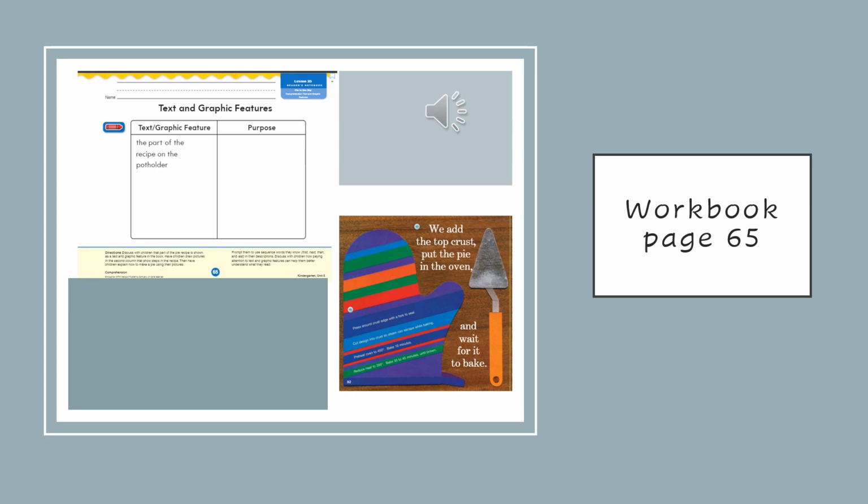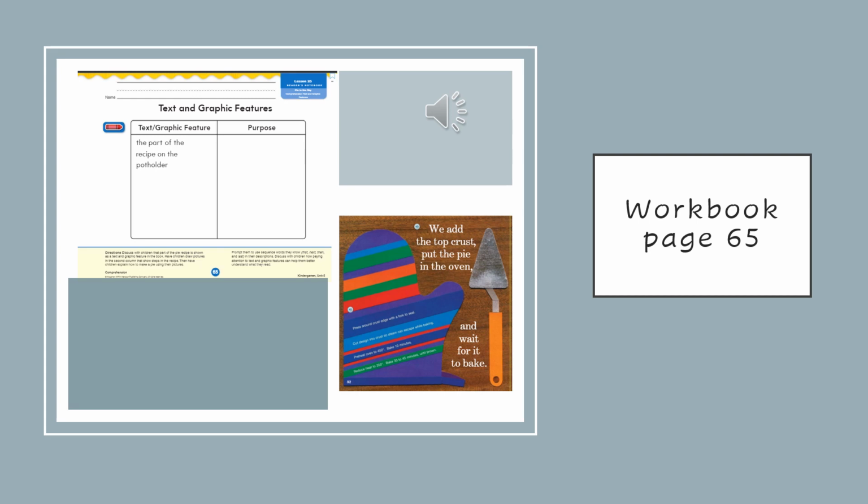So anyways, go ahead and look at the picture of the pot holder. And on there is a part of the recipe. Okay, now the recipe is what they followed in the story to make the pie. It wasn't read on this page. They didn't read that part off of the pot holder. They read the other words on the page, but they didn't read those actual words.